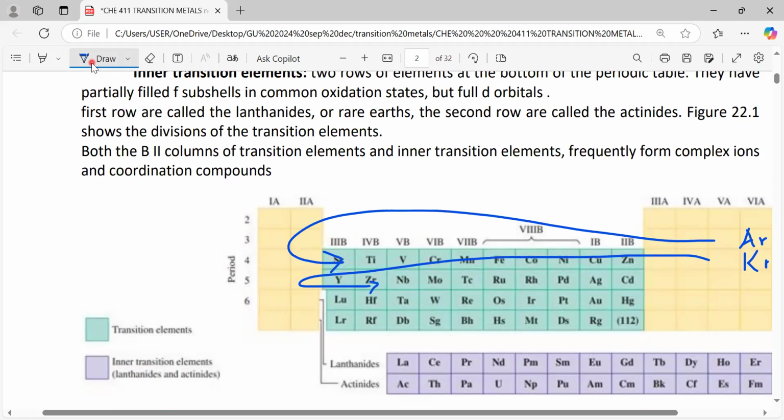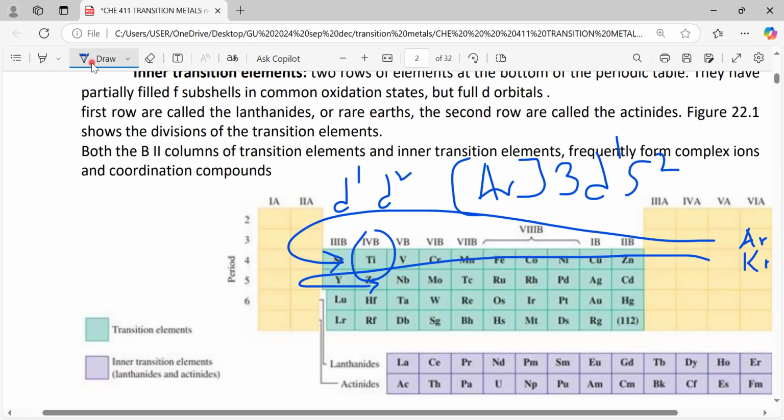So if I'm writing for titanium, I'll start with argon. Then we see that this represents d1 and this is d2, so it will be 3d2, 4s2.